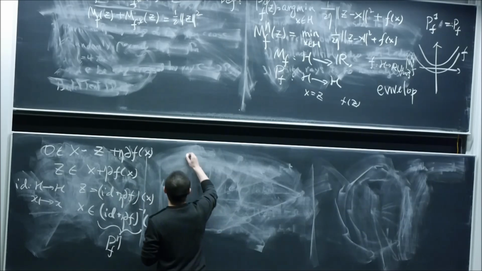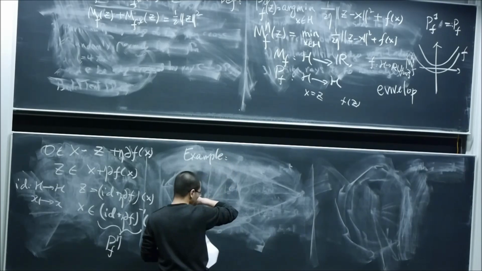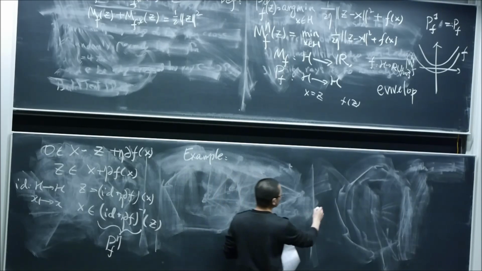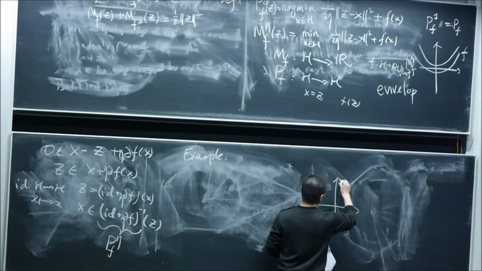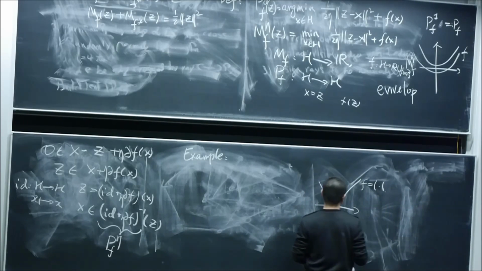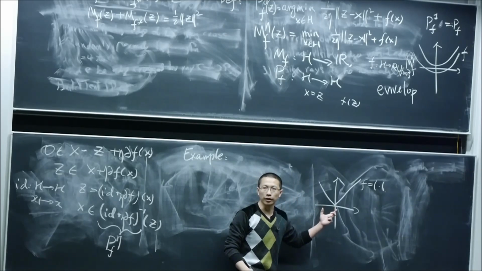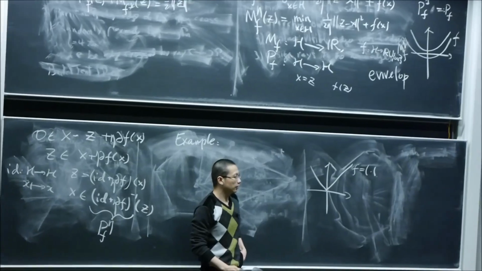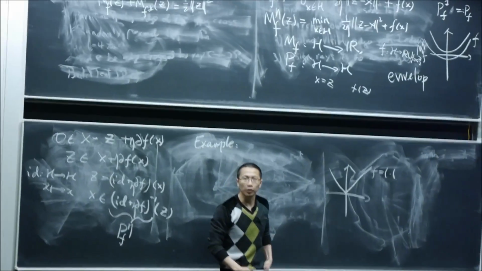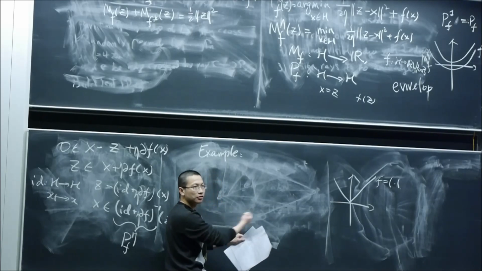Okay, here's a familiar example. We take the absolute value. F is the absolute value. More generally, you can consider this as an L1 norm. And what is the envelope function, or what is the proximity operator? You can do the calculations because it's just one-dimensional.